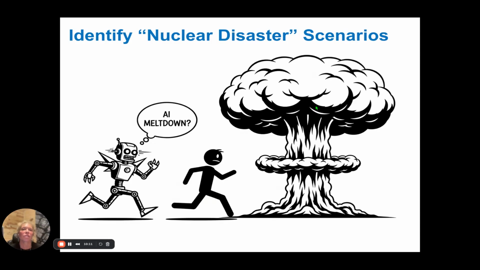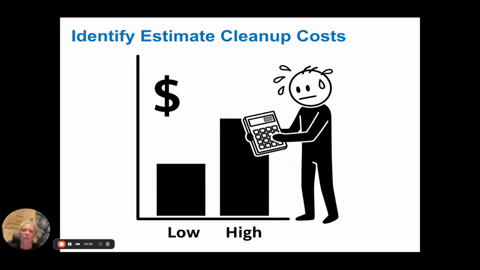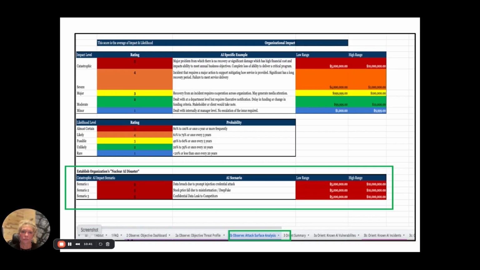The next step is to identify your nuclear disaster scenarios. It's important to think about what is the worst day? What is the worst possible thing that could happen? And then work backwards. How do you make sure that that never happens? You want to make sure and include your cleanup costs. If that nuclear disaster event happens, how costly will that be to your organization?